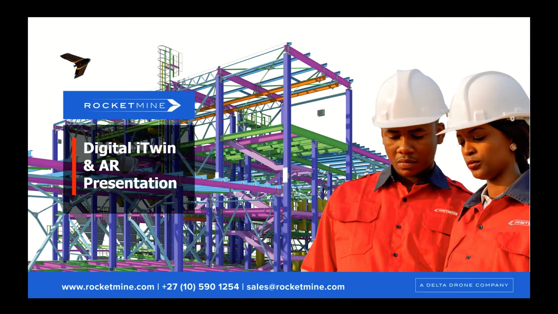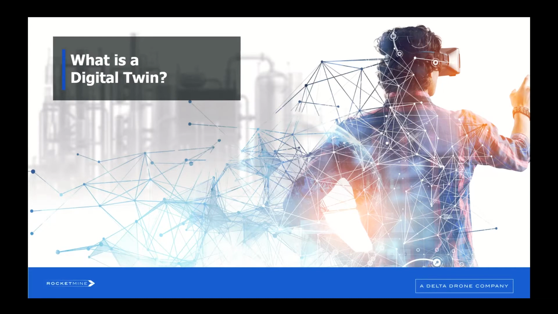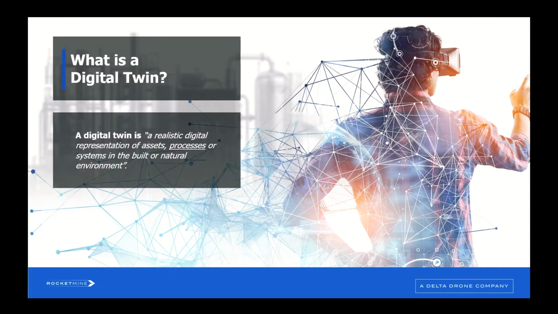A lot of the focus has been on what an actual digital twin is, and where it has been implemented across the world. If we start off with the baseline example, a digital twin is a lot more than just a 3D model.